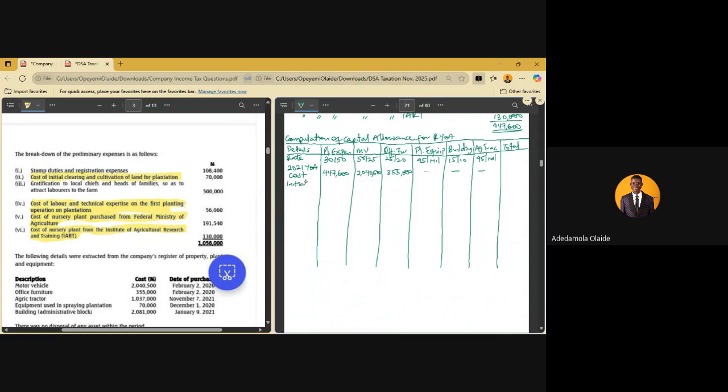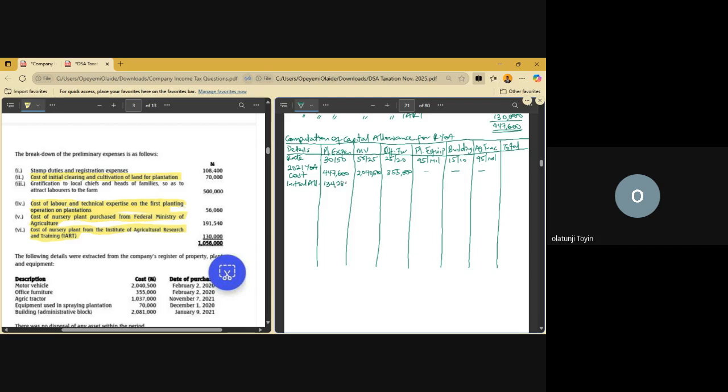Then initial allowance. What is the figure for initial allowance? 134,280. Am I correct? 134,280.